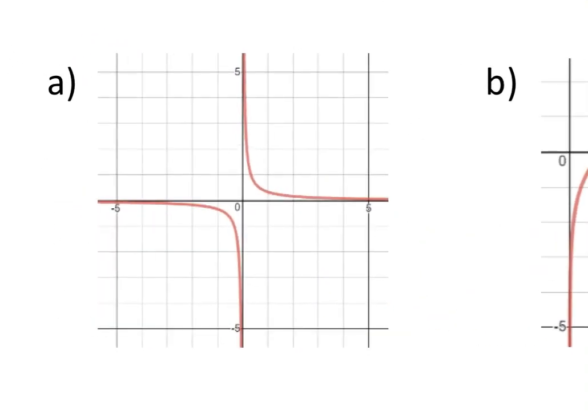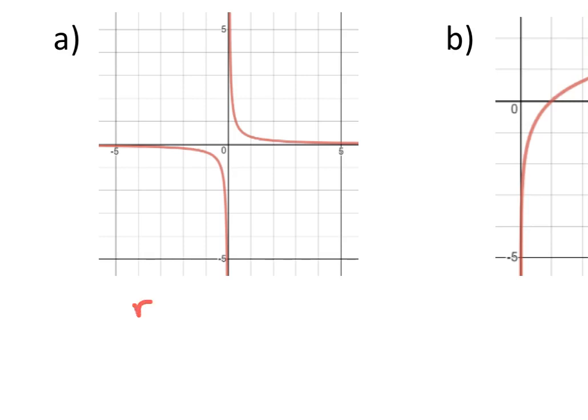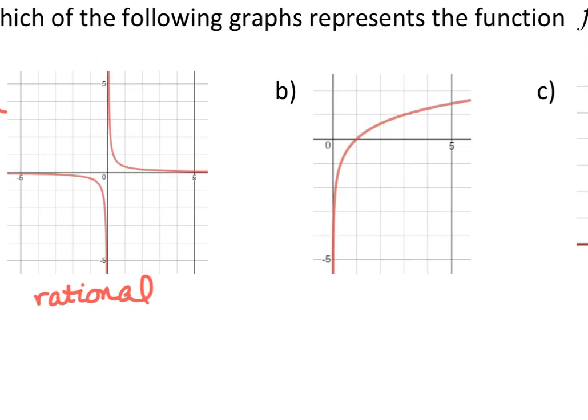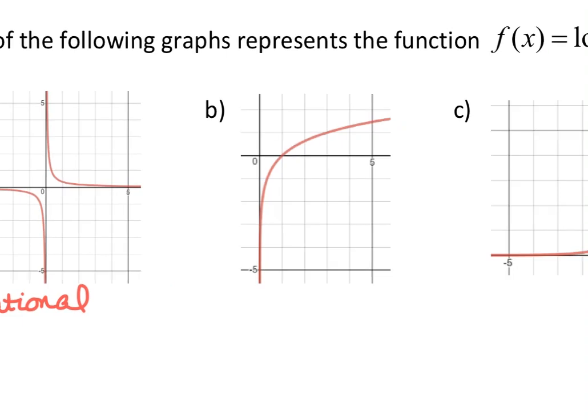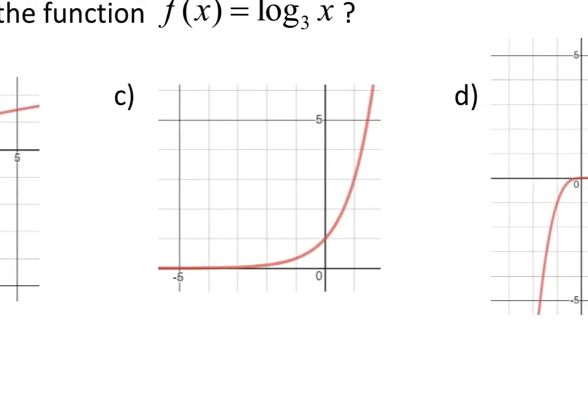So if you look at this more closely, this first graph in letter A is a rational function. So that's rational. Well, that's not logarithmic, so it can't be A. In letter B, well, I'll come back to it because B is going to be your answer, but in letter C, notice that you have a horizontal asymptote at 0.